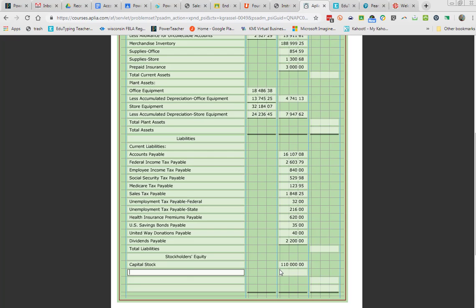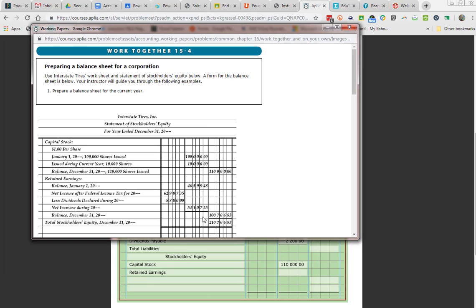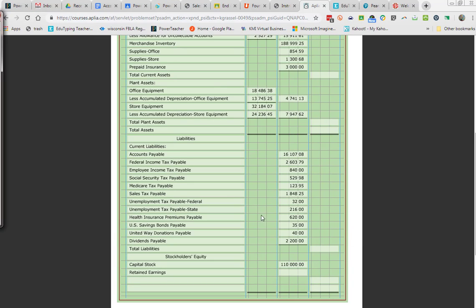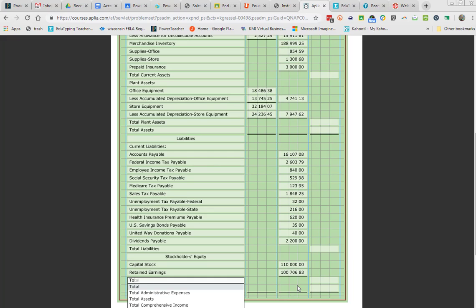Then you do your retained earnings. The retained earnings number I get right here is $100,706.83. Then they say total stockholders' equity.